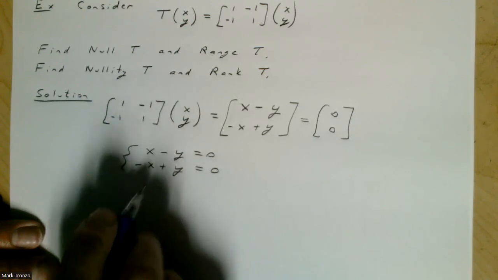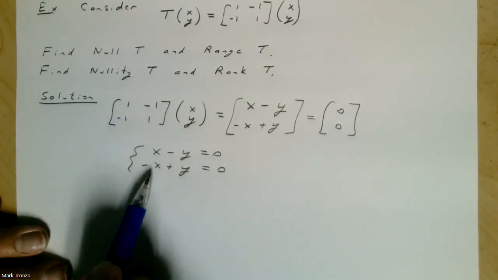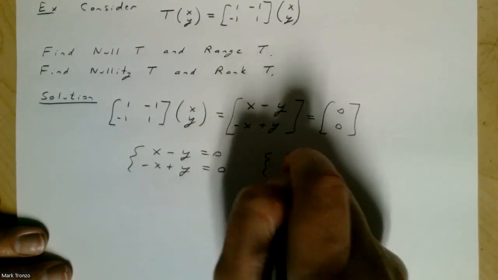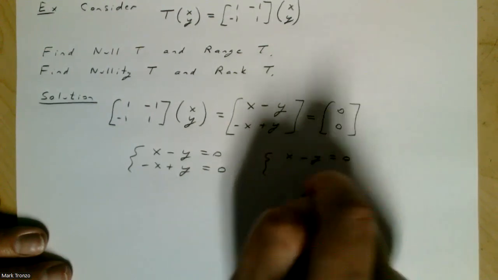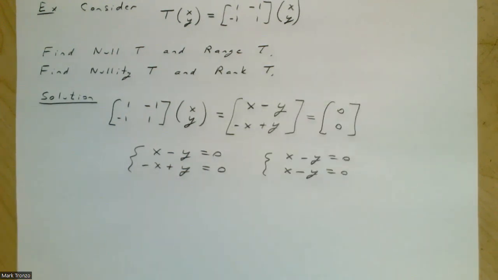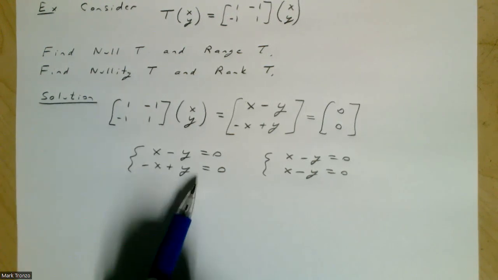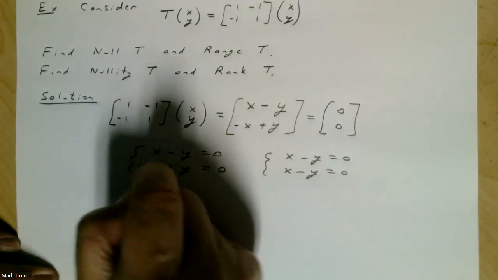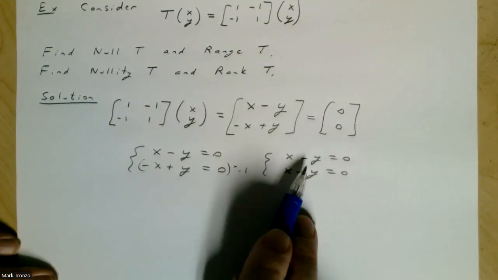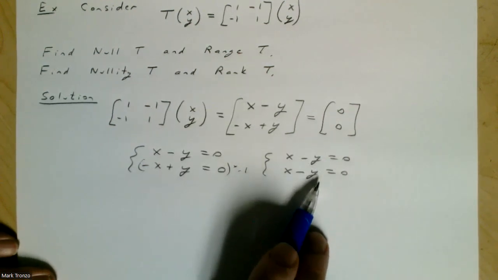But if we multiply the second equation by -1, we'll have something like this. I multiplied this equation here times -1, we get this. So we really only have one equation, right?